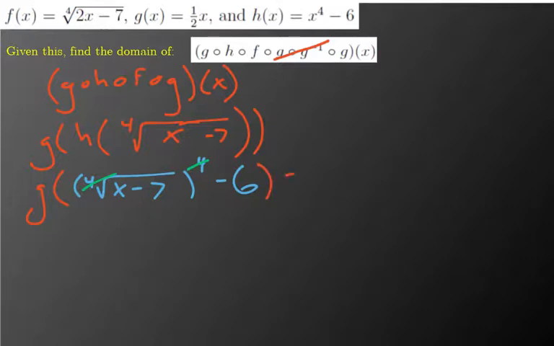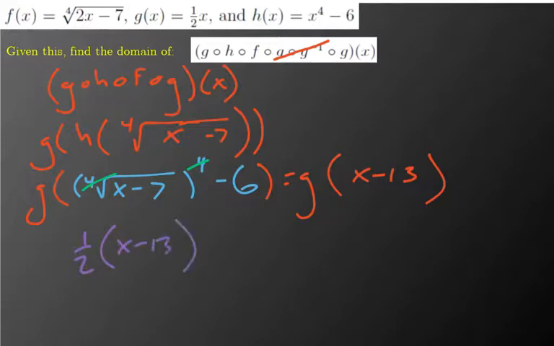So then all of that would just become g of, what is that, x minus 7 minus 6, so x minus 13, if I did my math right. And so now I go back to g, and the last step is just take half of x minus 13. And that is what this big thing would simplify to.